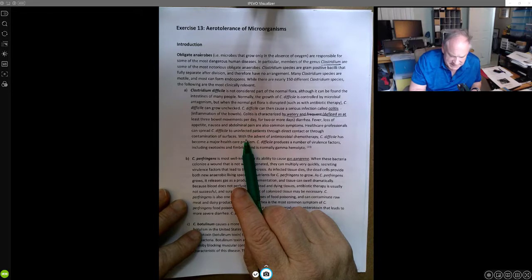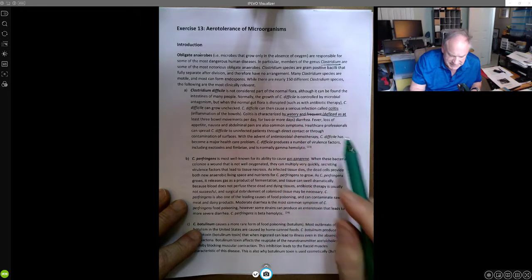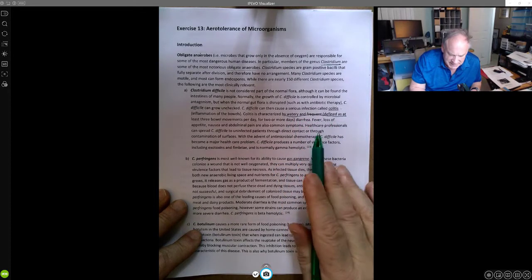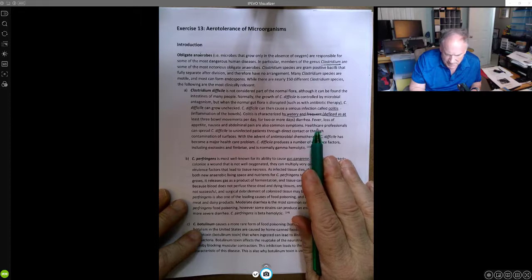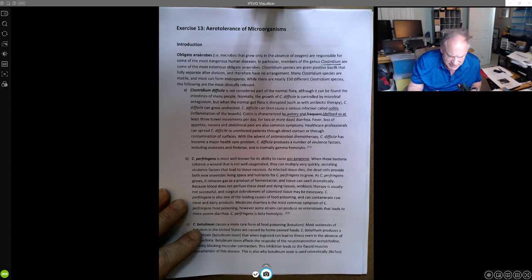It is nasty. They don't talk about the explosive force in here, but it is, and unfortunately it affects those who are undergoing intensive antimicrobial therapy. C. diff gets an advantage to grow because it is a gram-positive, and most of the time we're dealing with gram-negatives in intestinal disease.